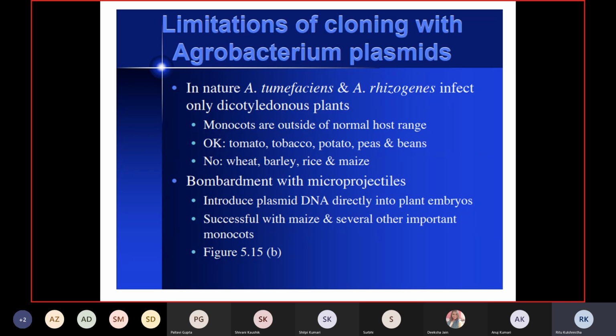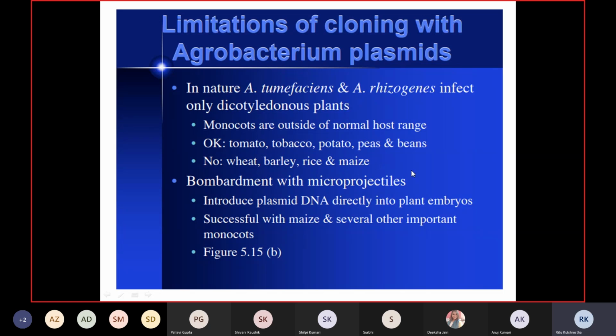So it was realized that while this can easily infect the dicots, the monocots were not very easily transformed by these Agrobacterium strains. So if you have to make a transgenic wheat, barley, rice and maize, all of which are monocots, then this was not the preferred system.